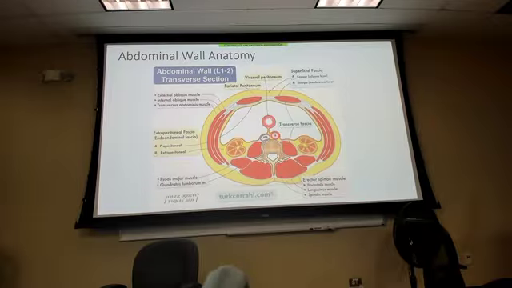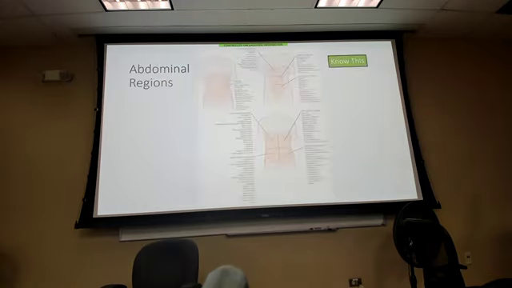Aorta and vena cava. Parts of the colon. Parts of your ascending, parts of your descending. Aorta, inferior vena cava. Okay? All the big vasculature is retroperitoneum. Okay? So knowing those different regions is super important.